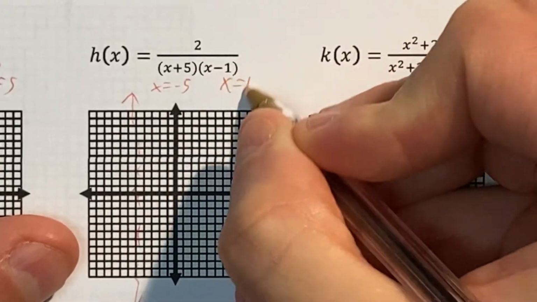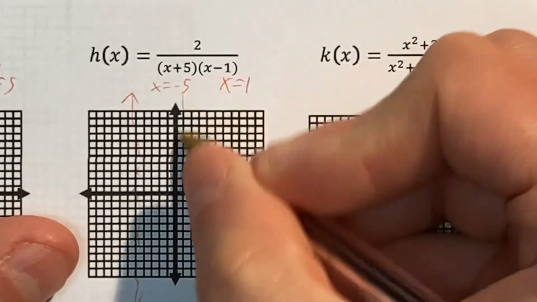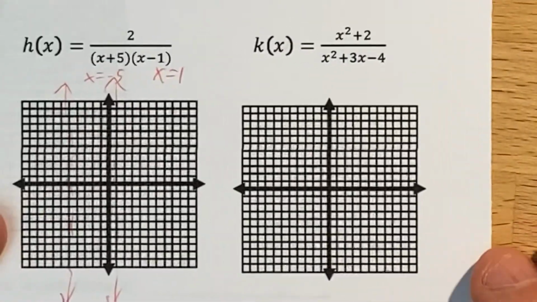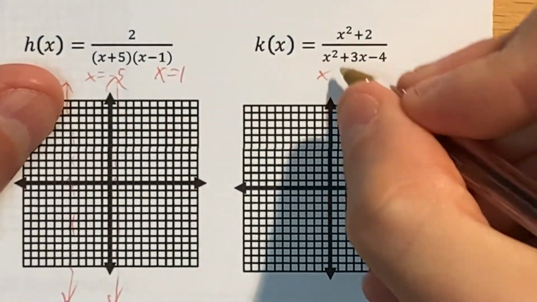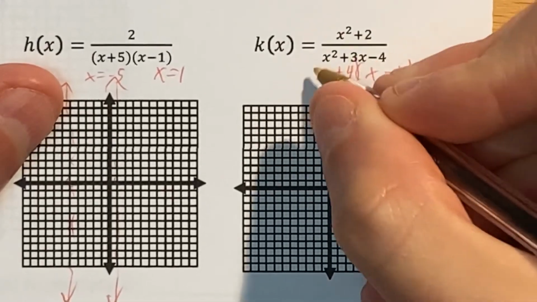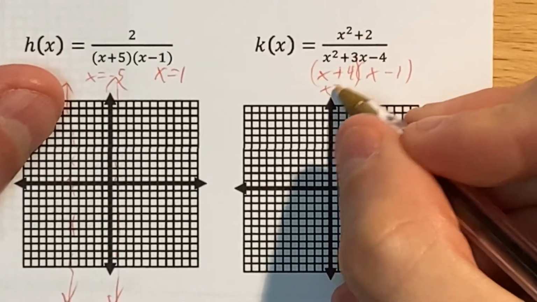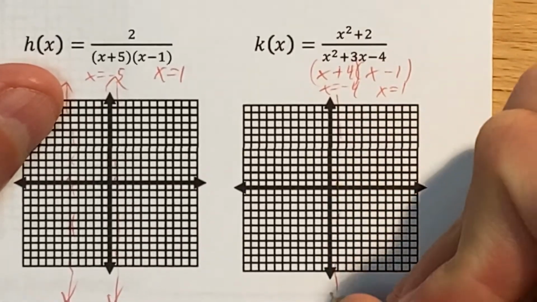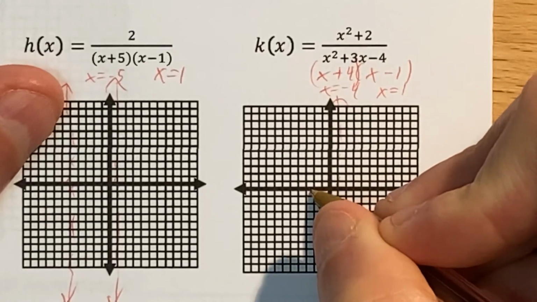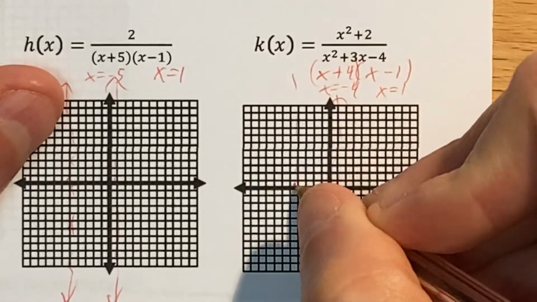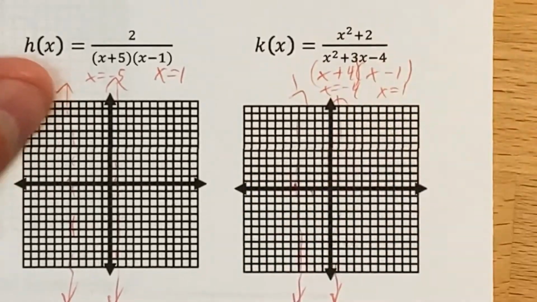As well as x equals 1. And this I would have to factor into x plus 4 and x minus 1. So I would get x equals negative 4 and x equals 1. 1, 2, oh my goodness, 1, 2, 3, 4. No one to blame but myself for making it that small. Okay, so those are the vertical.